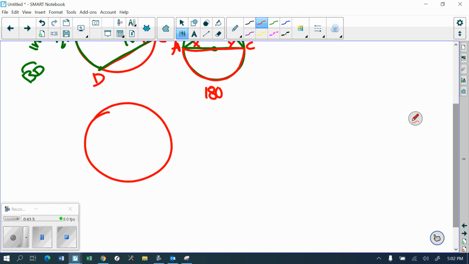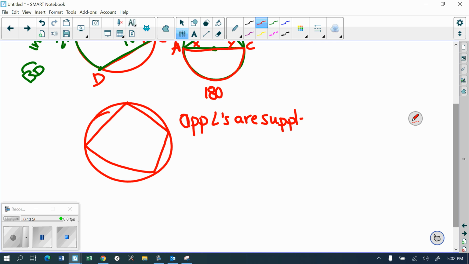All right, inscribed quadrilaterals. Okay, draw a circle. Inscribed again, they have to be inscribed angles. So there's an inscribed quadrilateral right there. And the rule is opposite angles are supplementary.